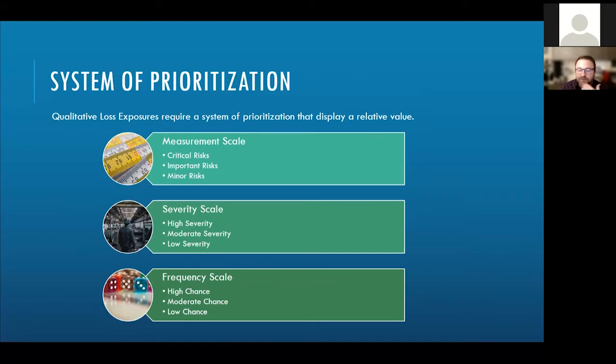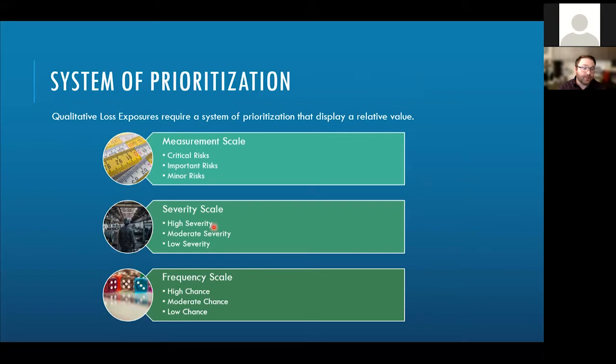So we can usually determine if a risk falls within a measurement scale by looking at our severity and frequency scales. You would use frequency here and severity here to determine where one of these would fall. Again, this is organization specific. If you think about high severity, does your organization consider a $100,000 bill a lot?